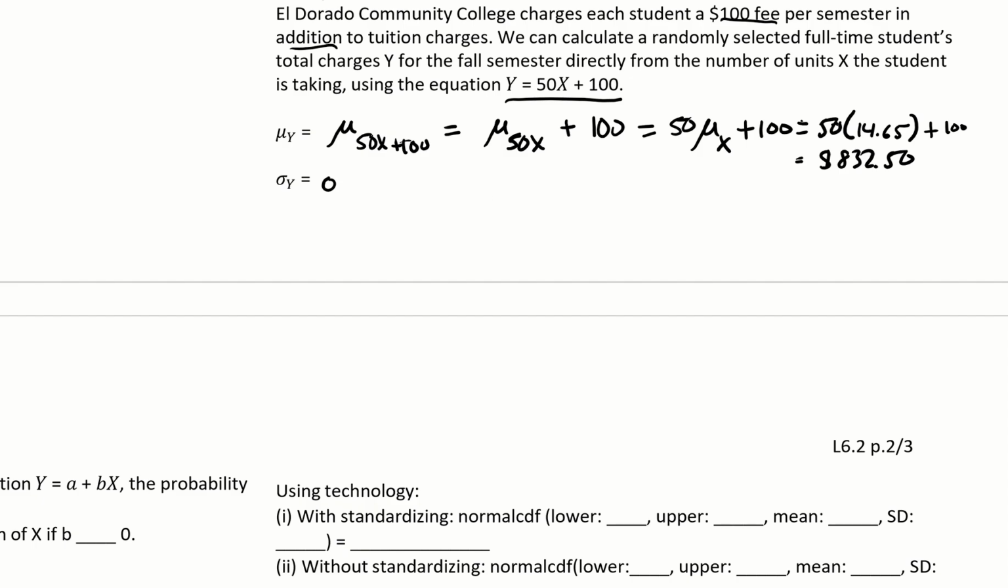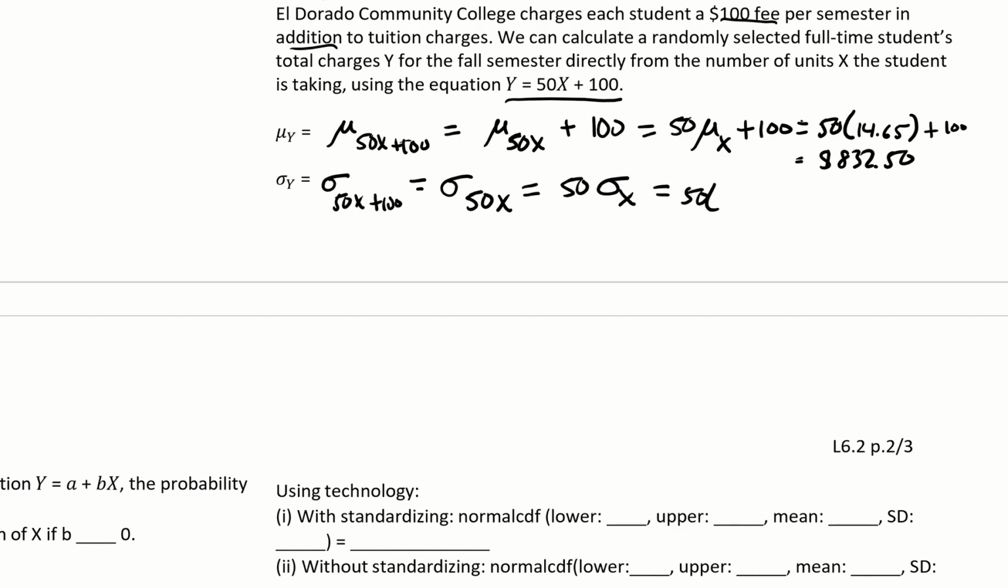Okay, now here is sigma 50x plus 100. Now addition does not affect the standard deviation, so this becomes the same thing as sigma 50x, okay? Addition doesn't affect the standard deviation, the spread. And then this becomes 50 sigma x.